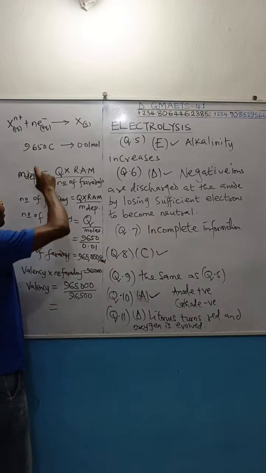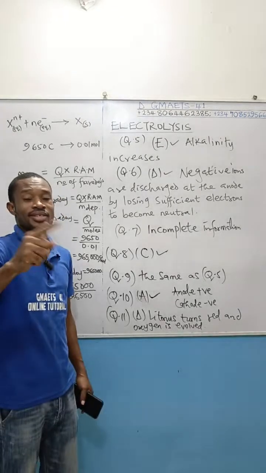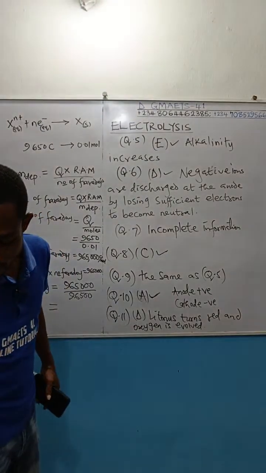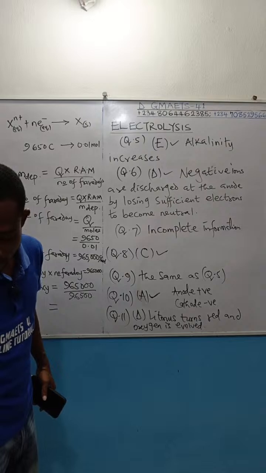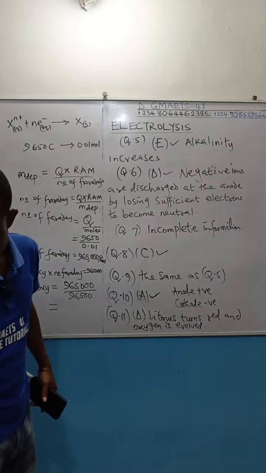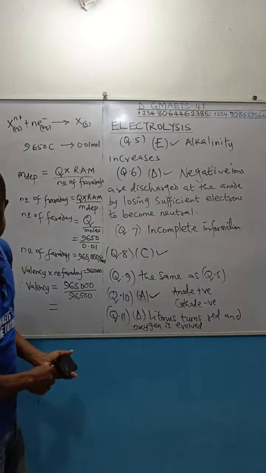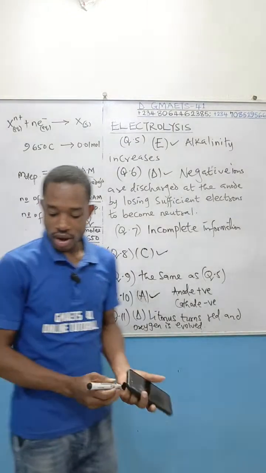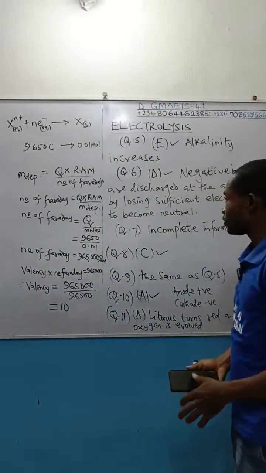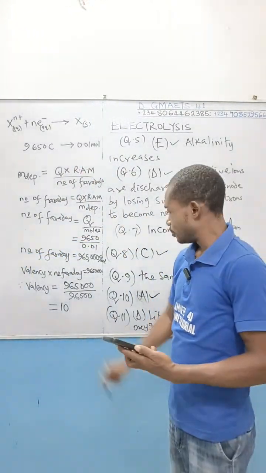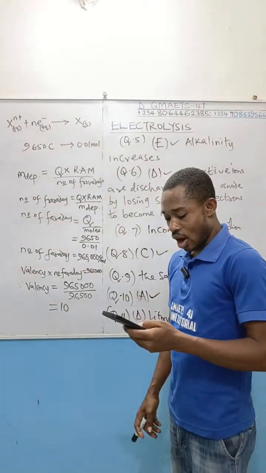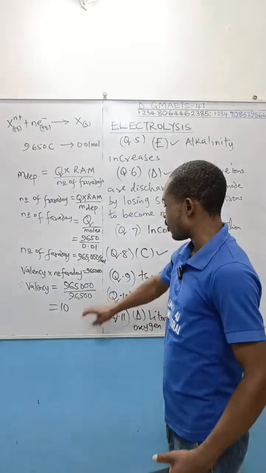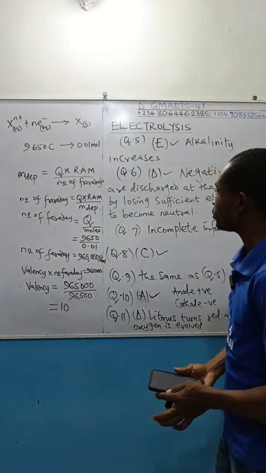I think the standard value for number of Faraday is 96,500 coulomb. So I'm going to divide this 965,000 by 96,500. This gave 10. That's the value I'm obtaining here. And of course, I wonder why we get the valency to be this high. 965,000 divided by 96,500.